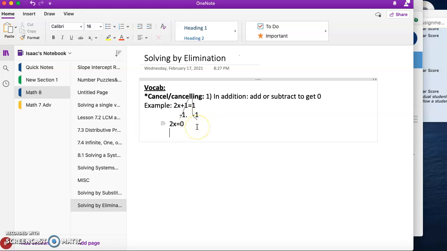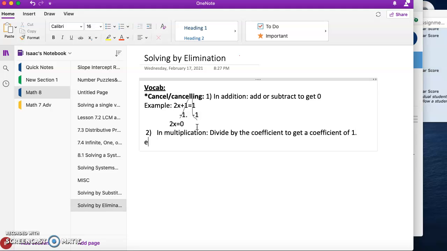Now, it can mean one other thing too, something extremely similar. In multiplication, divide by the coefficient to get a coefficient of 1.